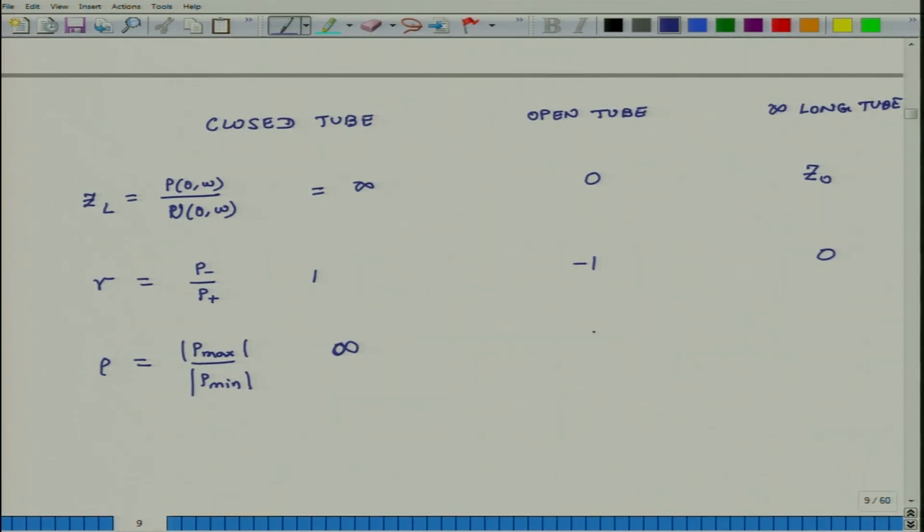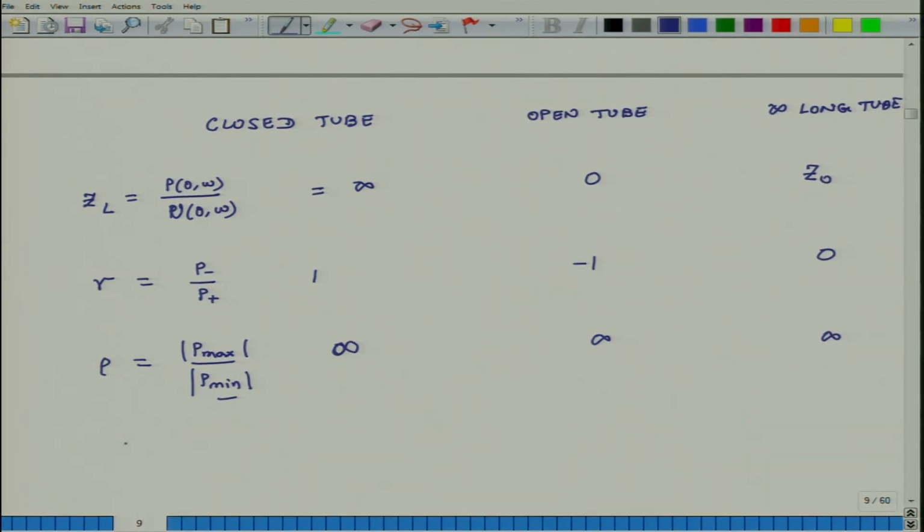The same thing is true in an open tube. And in an infinitely long tube there is no reflected wave. So, again this will be infinite, because the minimum amplitude in a travelling wave also is 0 at certain locations.